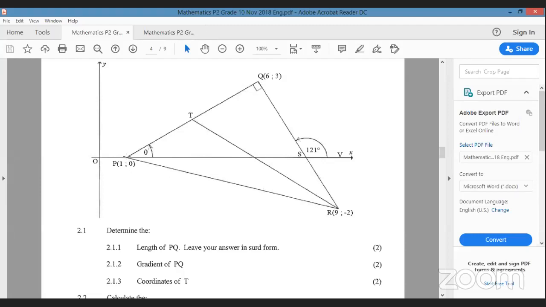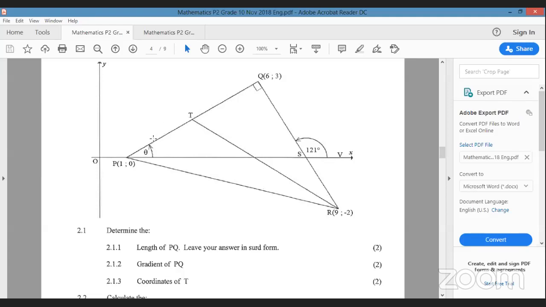Here is P, here is Q. In order for you to calculate the length of PQ, you need the coordinates of P and the coordinates of Q. And yes, we do have the coordinates of P, (1; 0), and the coordinates of Q, (6; 3). Now, the examiner is asking, what is the length from P to Q?